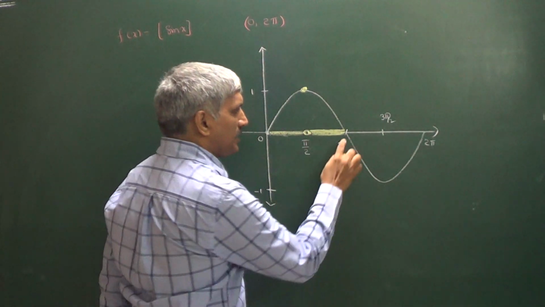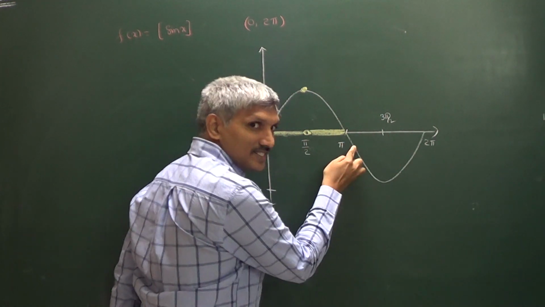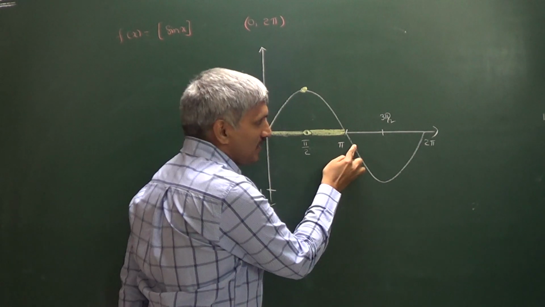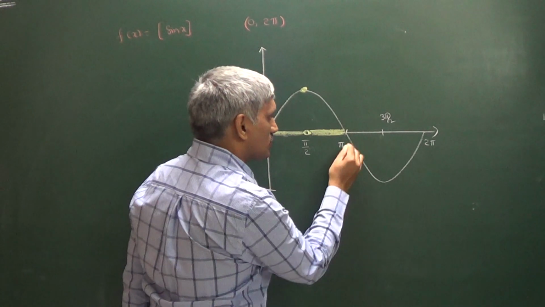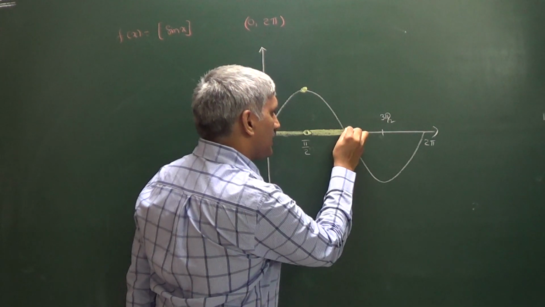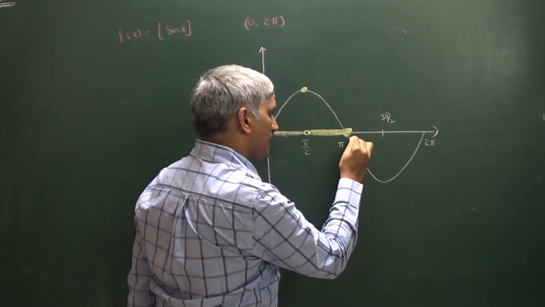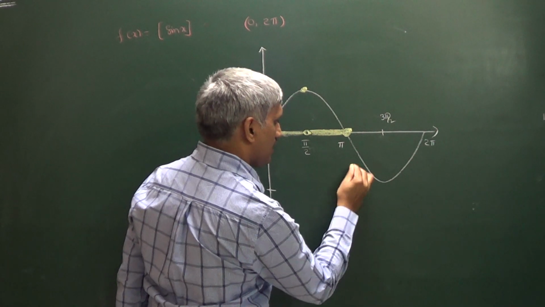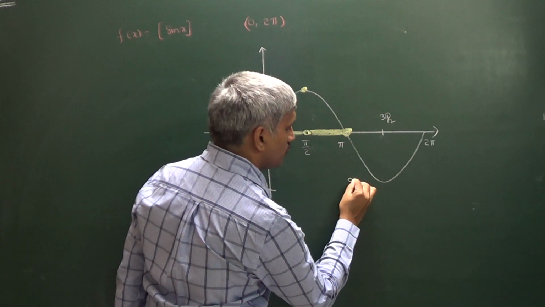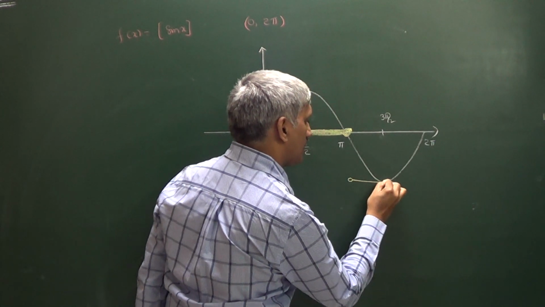Again from pi to 3 pi by 2, sin x takes negative values. At 3 pi by 2 also we will get minus 1. At pi we will get 0, but after pi we will get the value minus 1.